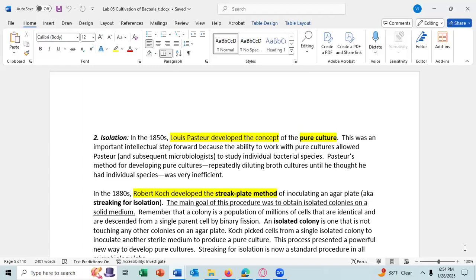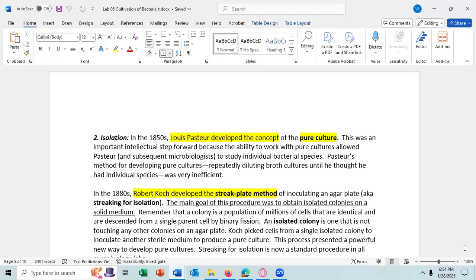And if one dilution only had one tube that had growth in it, Louis Pasteur correctly concluded that the growth was likely to be a pure culture because one or a few cells started the growth in that tube. So you have to have one tube with growth and 9 tubes with no growth. And then Louis Pasteur used the growth in that one tube to obtain his pure culture.